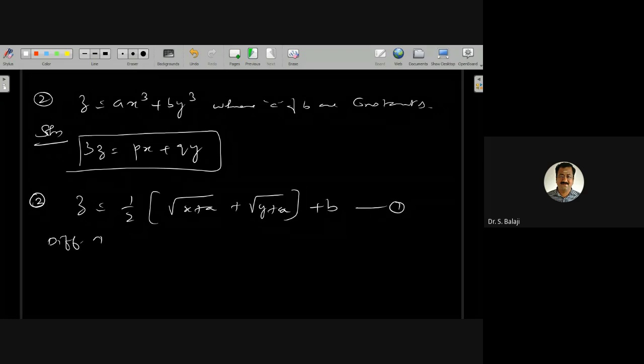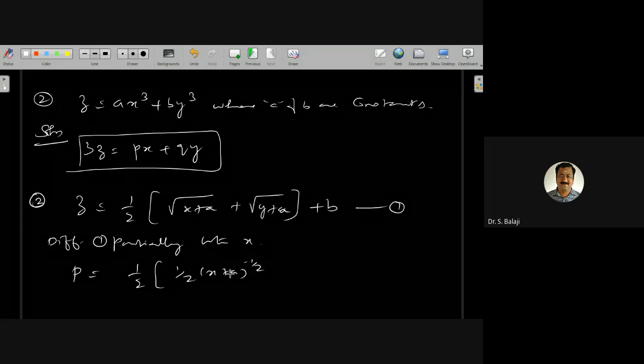Differentiate 1 partially with respect to x. Then what can you get here? p is equal to 1 by 2 of the partial derivative with respect to x, which gives 1 by 2 times x plus a to the power minus 1 by 2, and 1 only here. Then the y term is purely y, therefore that will be 0, and b is a constant, therefore that will be 0.